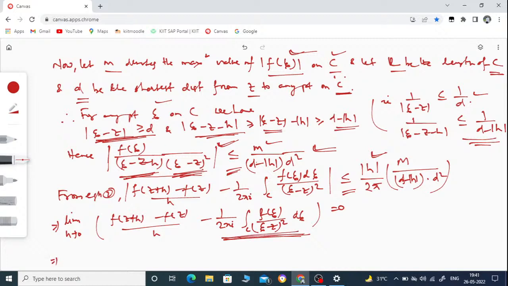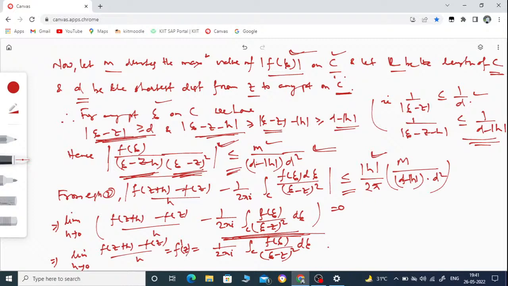So I can write limit h goes to 0 of f of z plus h minus f of z divided by h is equal to, I will take this thing to the right hand side. This will be 1 by 2 pi i integration over c of f of j divided by j minus z square dj, and this is nothing but f dash z.